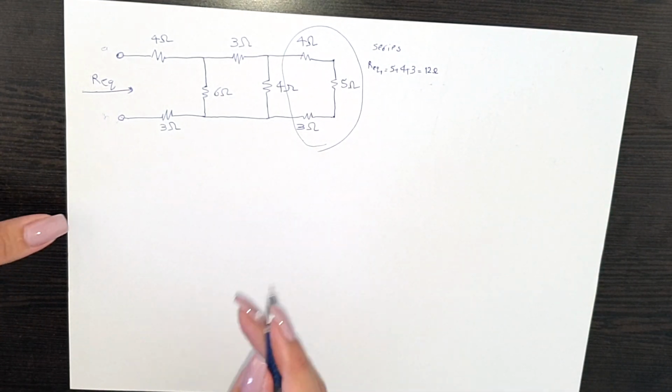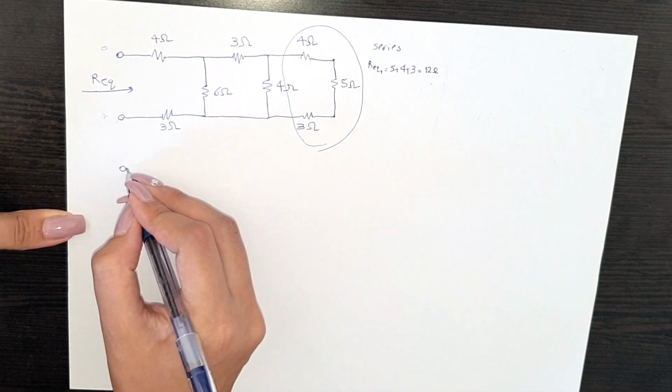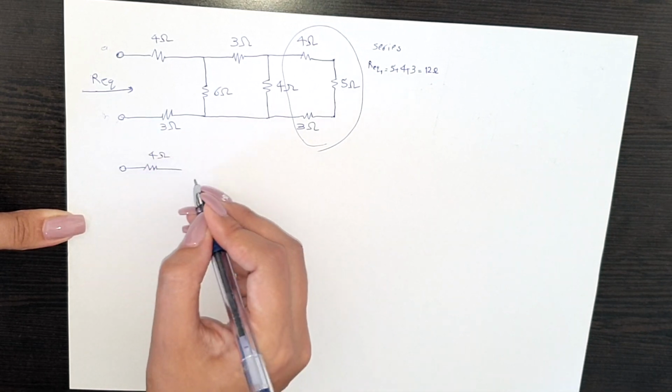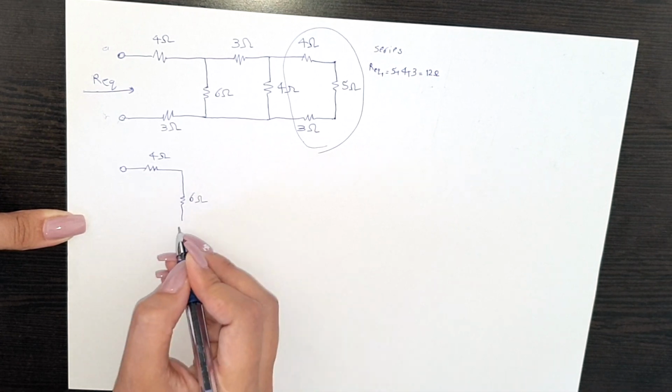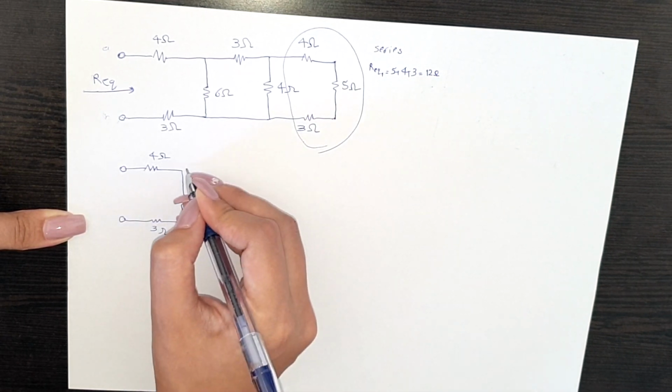So I'm gonna be writing the circuit again so you can understand better with our new equivalent circuit that we found. I'm just gonna be writing all the resistances in their own place except the ones we calculated the equivalence for.